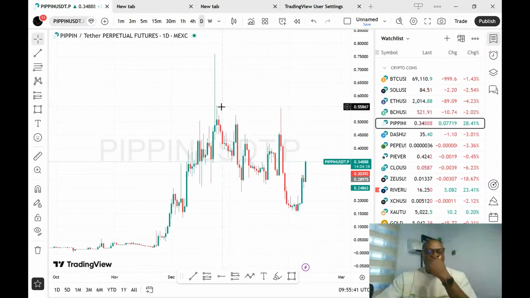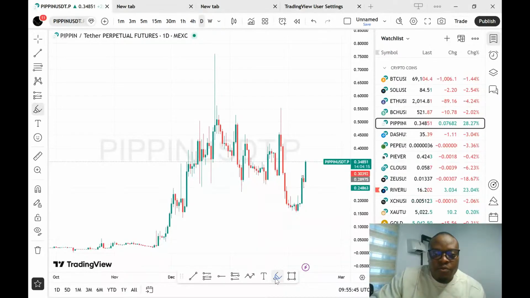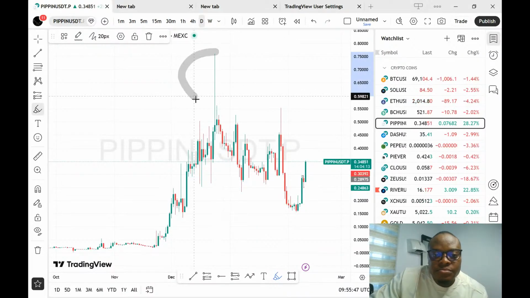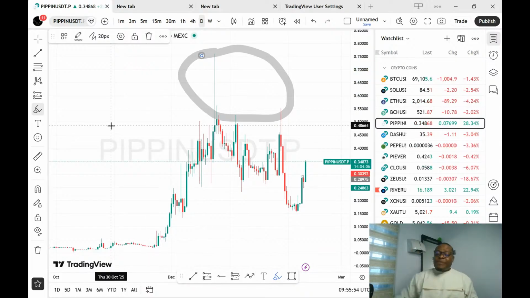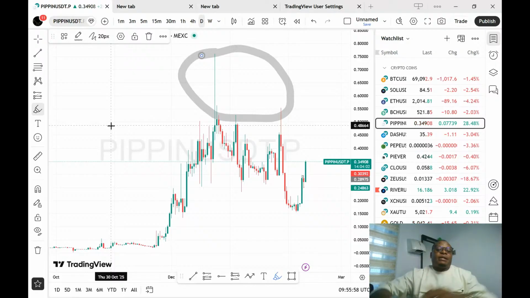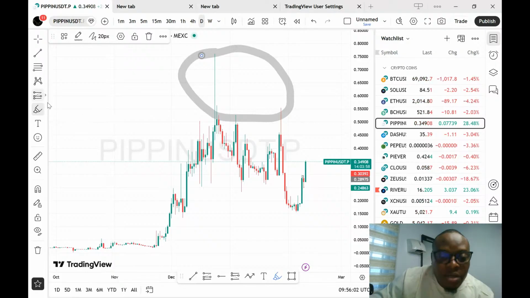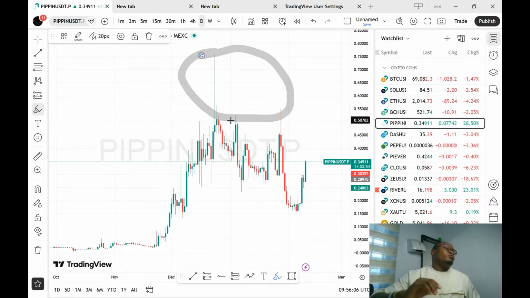You can see this portion here. Look at what the wick does. Nothing happening there. Price just went up to take everybody out, to take the shorts out of the market. Then it came down. This body here is the main place. So the wick will just clear people out. A wick is just like a footprint.